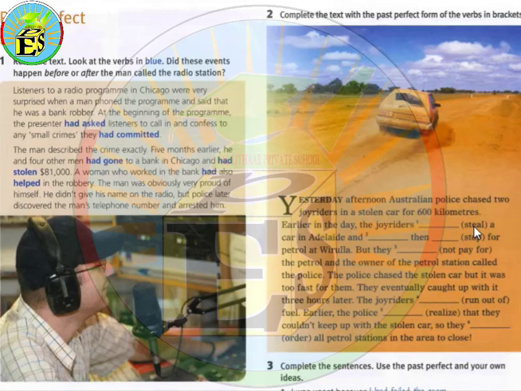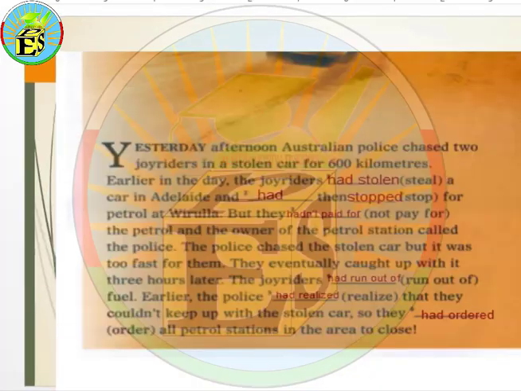Have you finished? Let's check your work. Yesterday afternoon, Australian police chased two joyriders in a stolen car for 600 kilometers. Earlier in the day, the joyriders had stolen a car in Adelaide and had then stopped for petrol at Werla, but they hadn't paid for the petrol and the owner of the petrol station called the police.